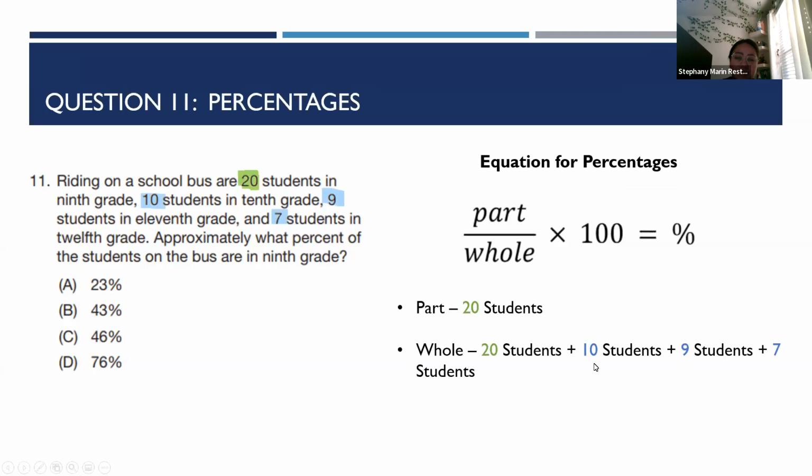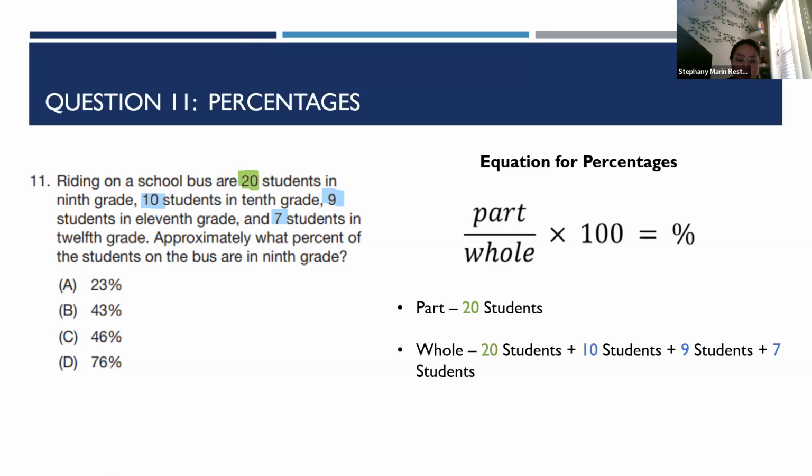For this problem, we're given riding on a school bus are 20 students in 9th grade, 10 students in 10th grade, 9 students in 11th grade, and 7 students in 12th grade. Approximately what percentage of the students on the bus are in the 9th grade? We identify the part, which is the students that are in the 9th grade, and the whole, which is all the students together.